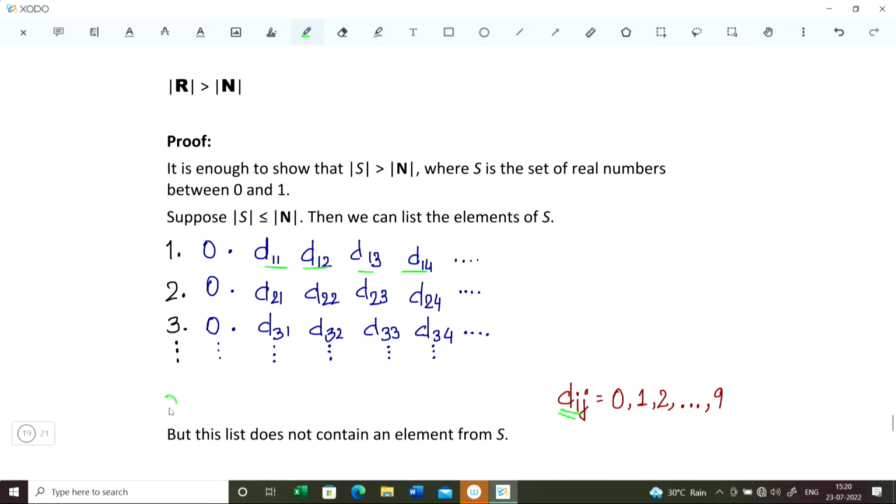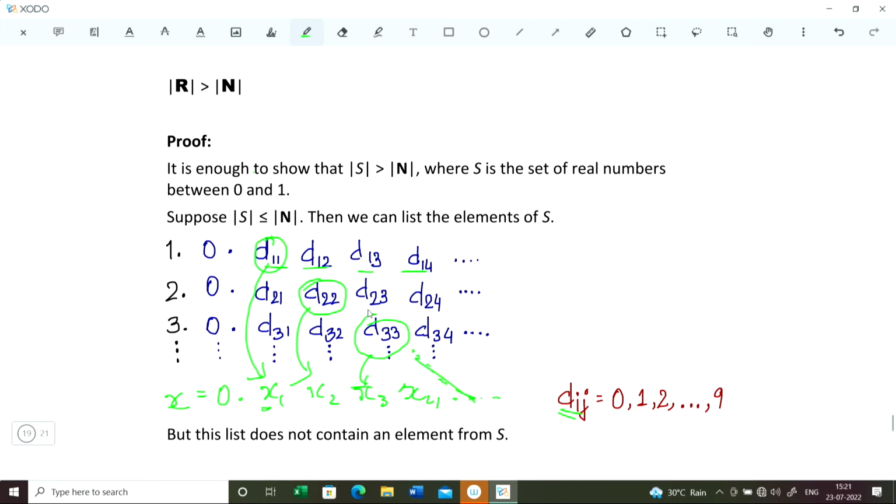I want to come up with a tricky number, so it will be x1, x2, x3, x4 and so on. So what I do, I take my x1 something different than d11, I take my x2 something different from d22, I take my x3 something different from d33, and I do that.